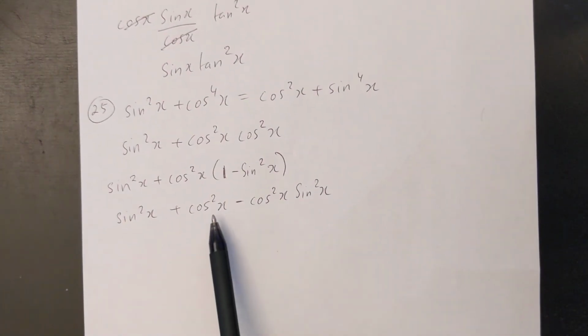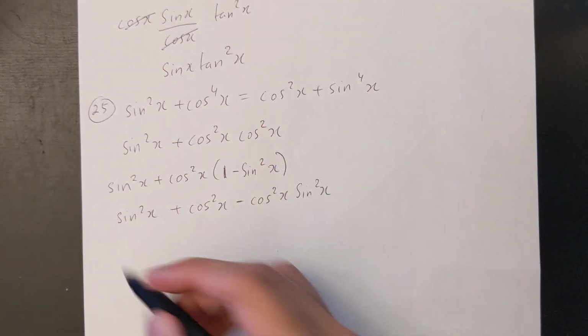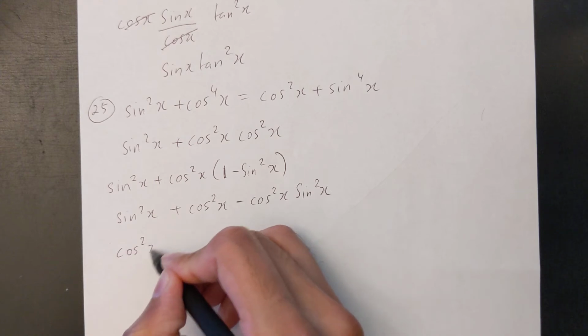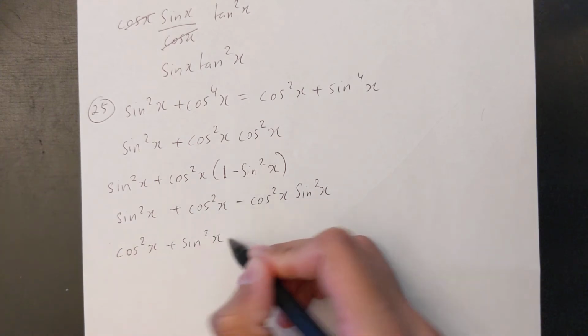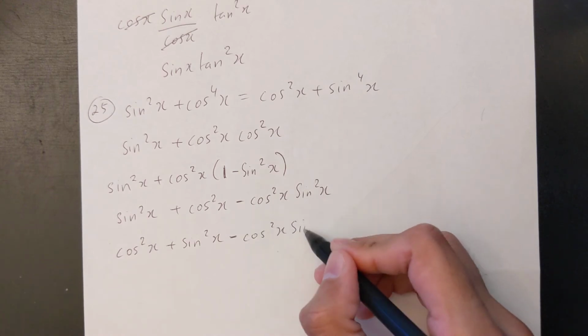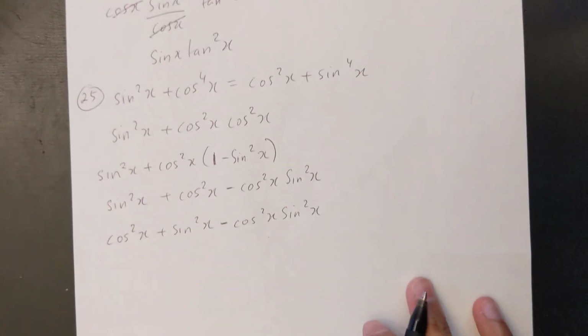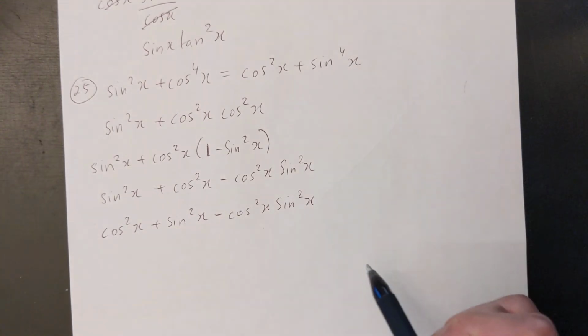Alright, so what you notice is the cos square x's are exactly the same now. I'm just going to write this in the front because I'm not going to change that, and I'm going to work with the rest. I'll put this next, plus sine square x minus cos square x sine square x. So I just need to turn this all into sine 4x.